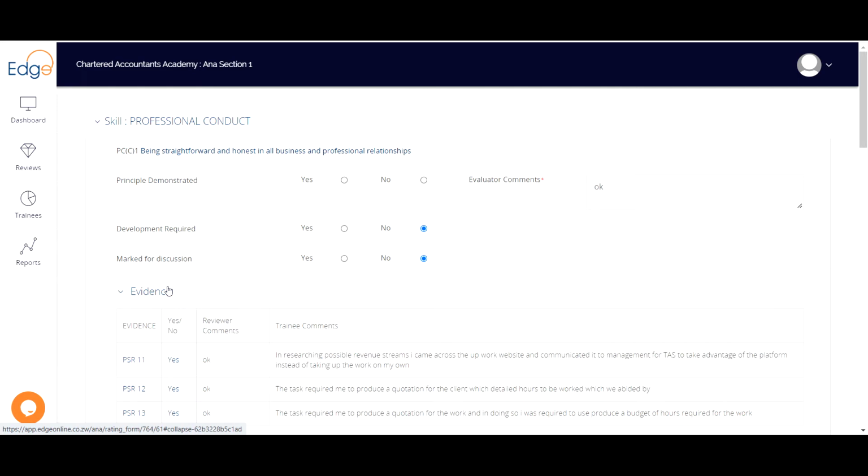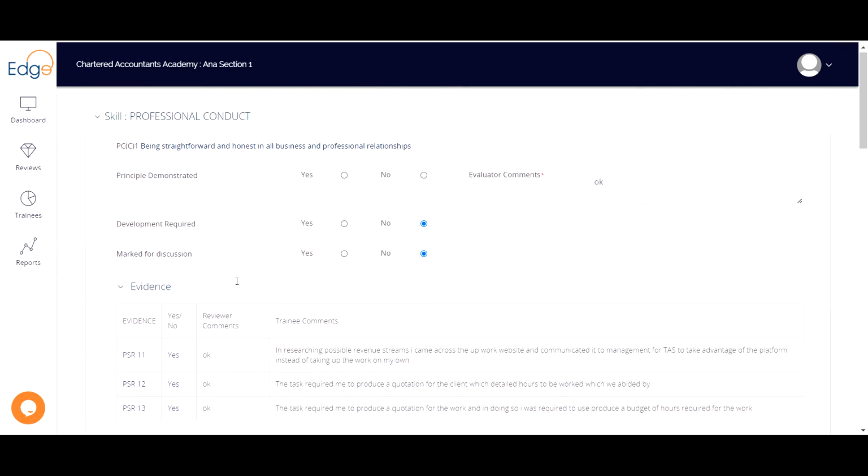You click on evidence to expand, and looking at the evidence, 3 PSRs were submitted for this competency. Judging from these PSRs, you can now pick whether this is sufficient for you as an evaluator to say the principle was demonstrated.